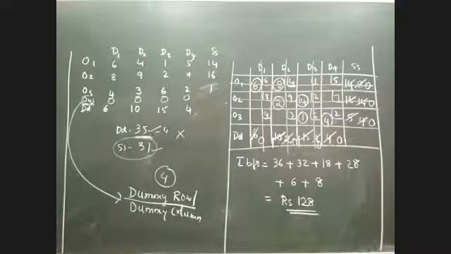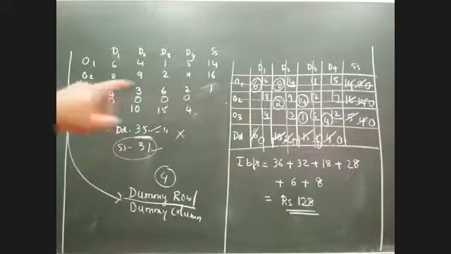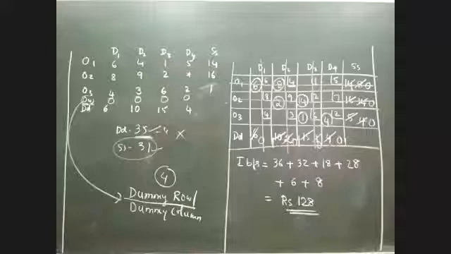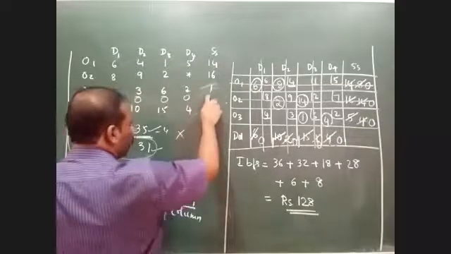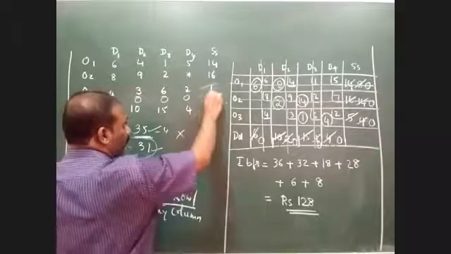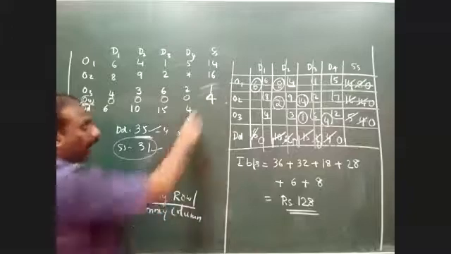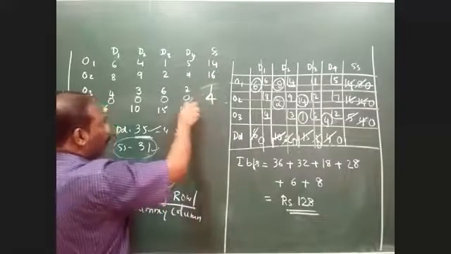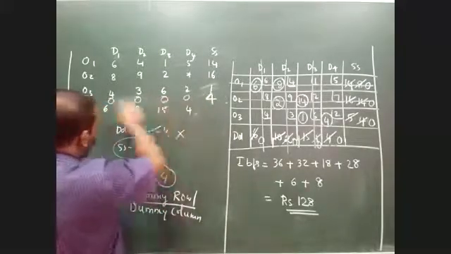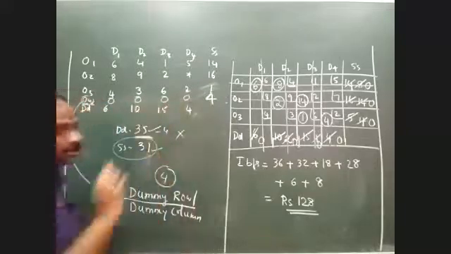I am introducing it, and therefore the unit transportation costs should be taken as dummy values, everything 0. But in supply, I should take an extra value, the shortage value. Since the shortage is 4, I write 4 here, but all the unit transportation costs of that row are 0.